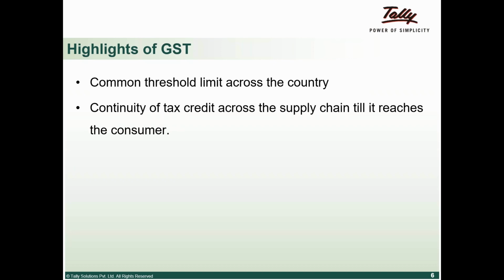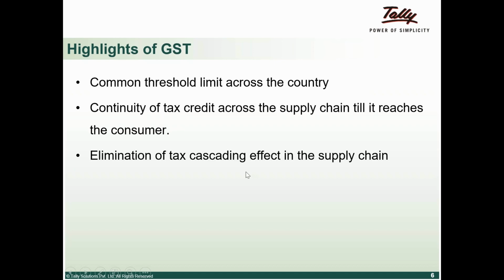From the inception of the goods or services till it reaches the consumer, whatever GST has been charged in the supply chain, each entity will be eligible to get credit across the supply chain. Next is the elimination of the tax cascading effect. In the example I took, VAT is charged on the base value plus the excise duty. Now it will be eliminated; GST will be charged on the base value.